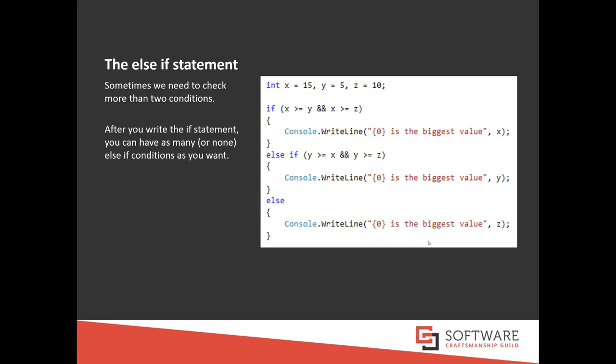Else, if Y is greater than X and Y is greater than Z, then the value of Y must be the biggest value. If neither X or Y are the biggest value, then by default Z must be the biggest value. So in our else statement we don't actually need a test expression because it's the only logical result remaining.